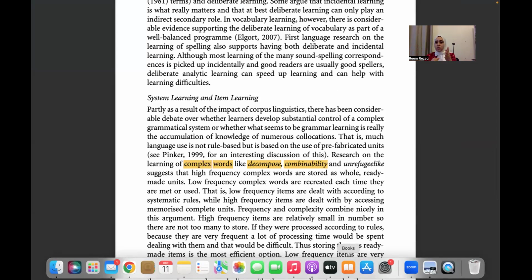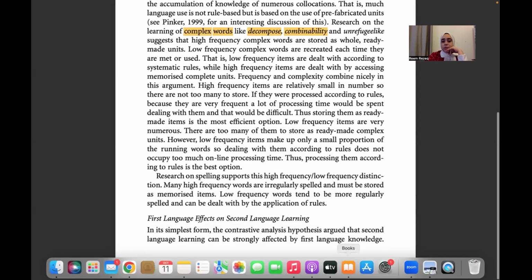Research on the learning of complex words shows that high frequency complex words are stored as a whole, as ready-made units. Low frequency complex words are recreated each time they are met. So here also it affects badly.